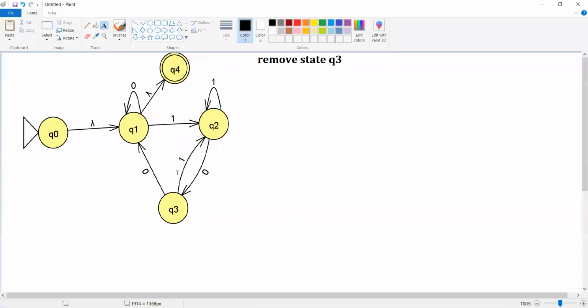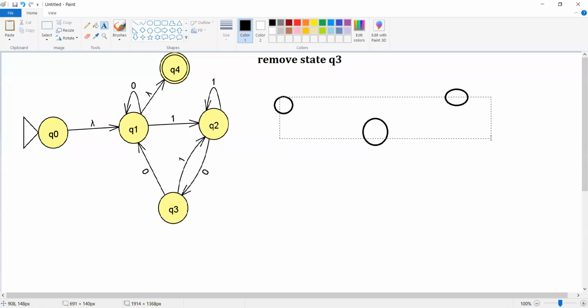Now, before removing this, have a look at the configuration: how many incoming edges and how many outgoing edges or transitions are there for Q3. For this exercise only I am going to draw it like this, but for the rest of the exercises I am not going to do this.